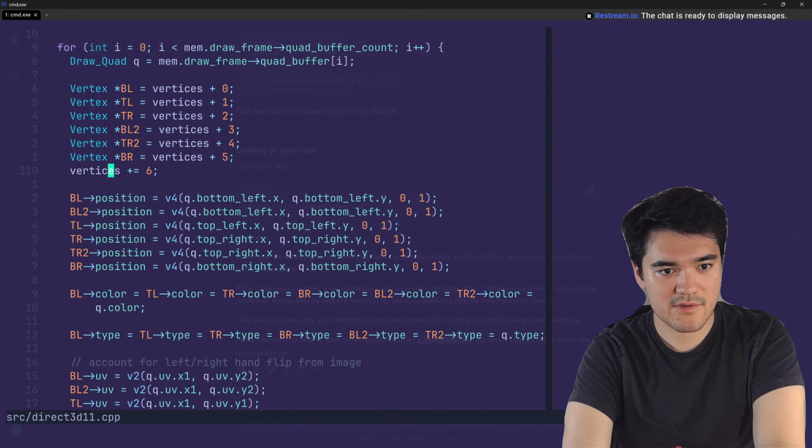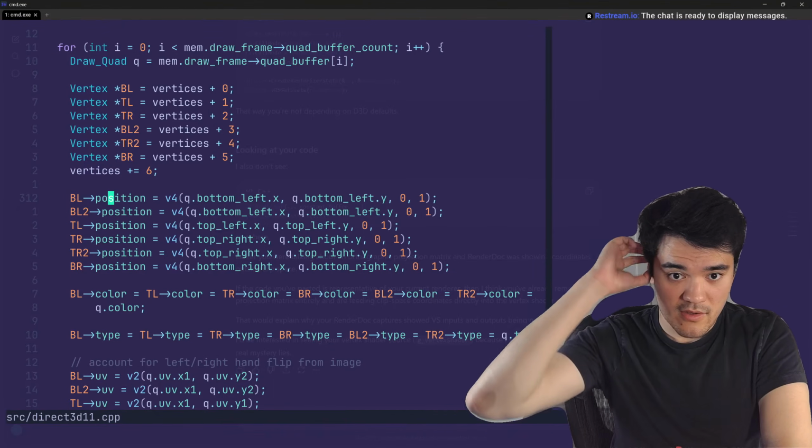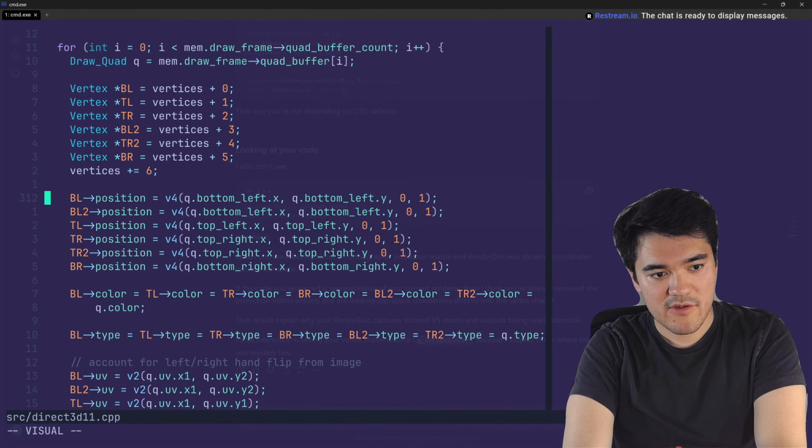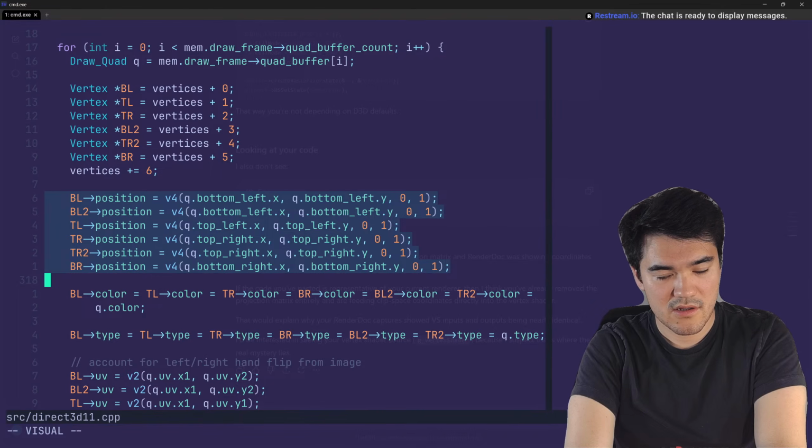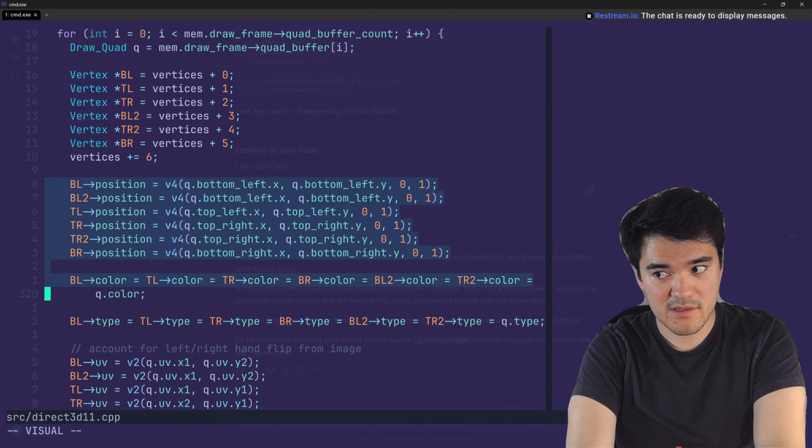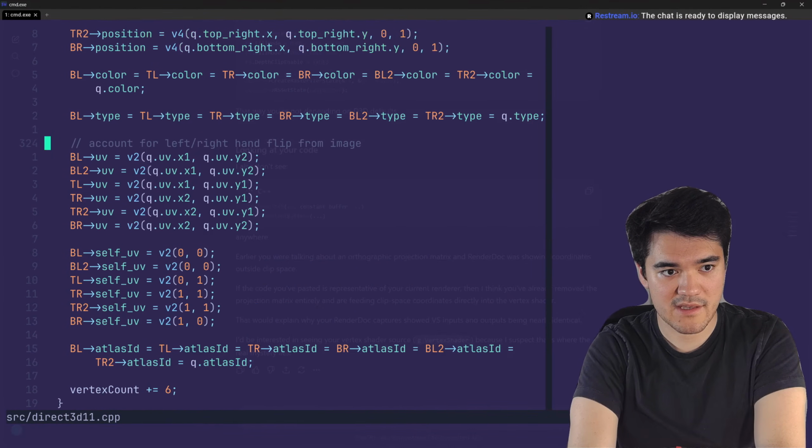Okay. So let's see here. From all of this, our vertexes are just mapping the positions of the quad vertexes, semantically, which is good. We kind of want that to happen.